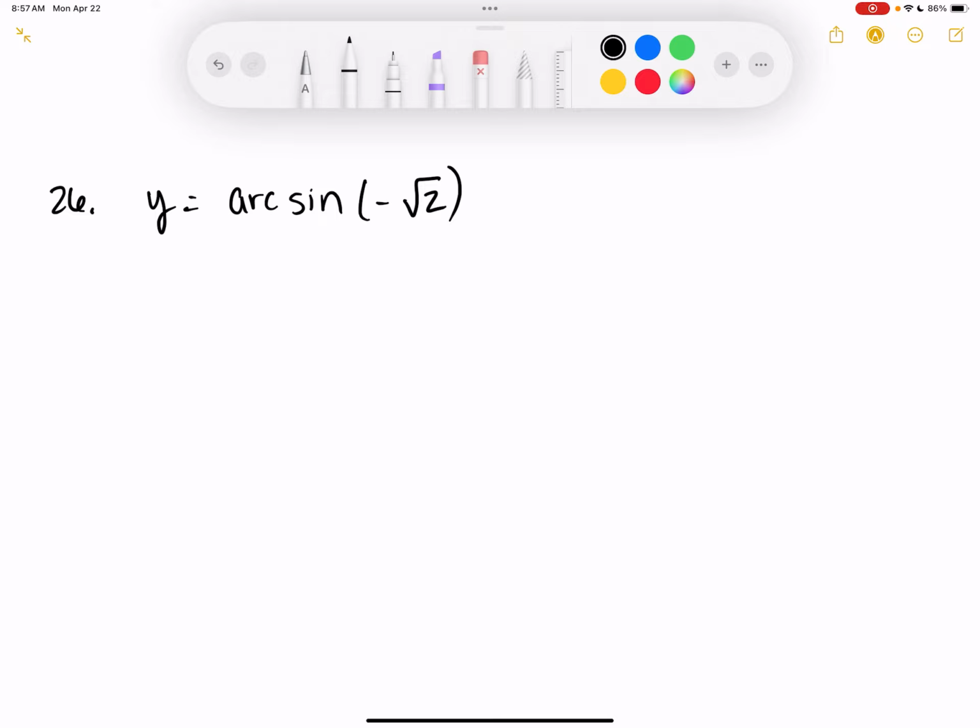So where would the y value be negative root 2? Is that something we have on the unit circle? Remember, with sine, I can only look at the right side anyways.